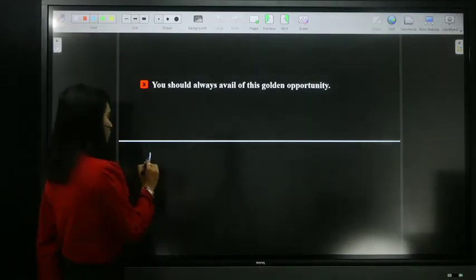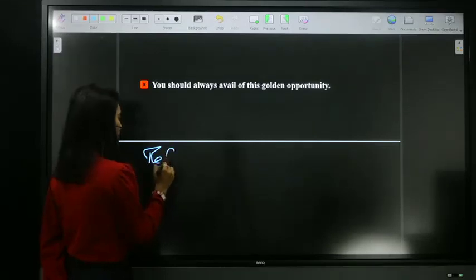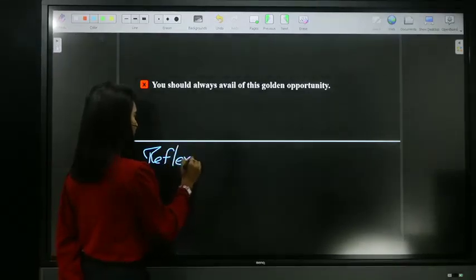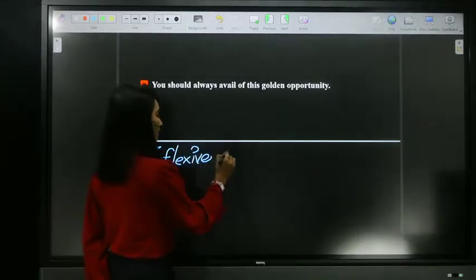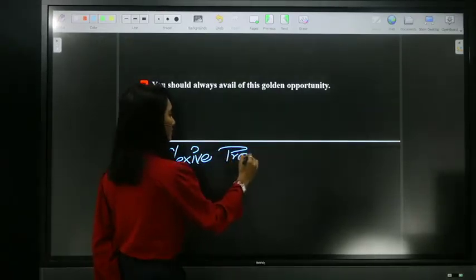So you should remember the verbs and reflexive pronouns.